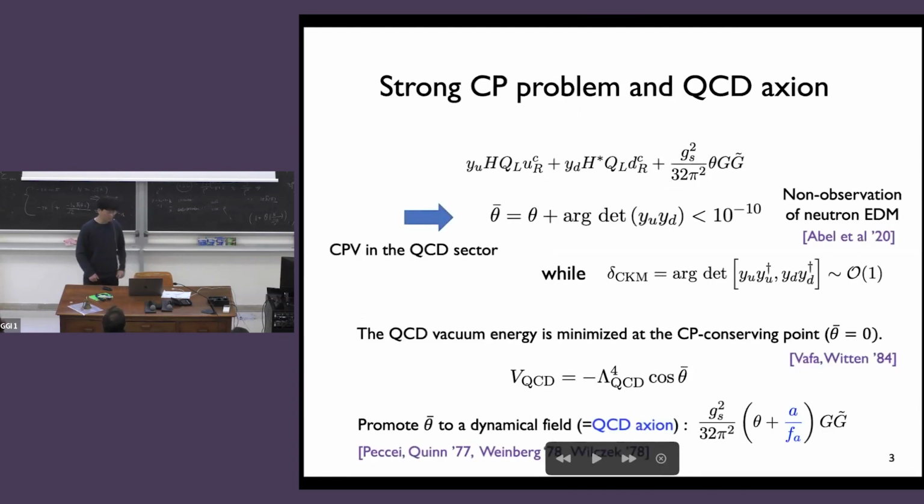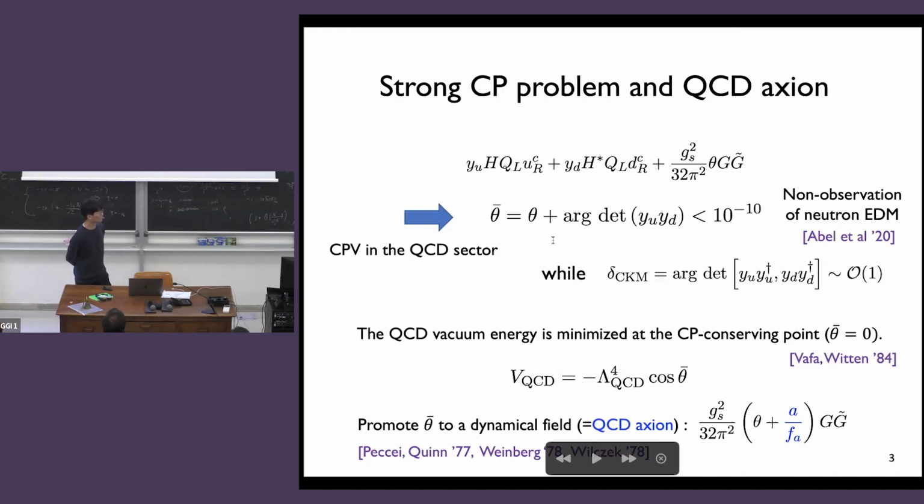We are interested in axion physics because of the strong CP problem. This page is basically for students, but I guess we have no students. This is basic stuff. We have this CP violating order parameter in the QCD sector, the QCD theta parameter and a certain phase of the Yukawa coupling matrices. But this CP phase has not been observed, which should be imprinted in the electric dipole moments of fundamental particles like nucleons.